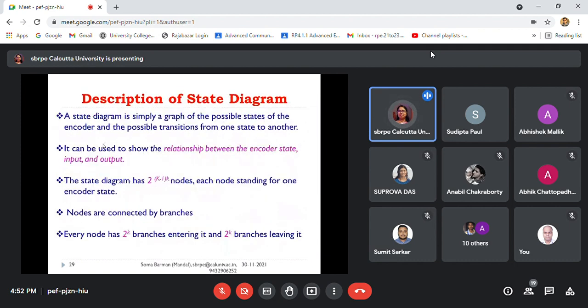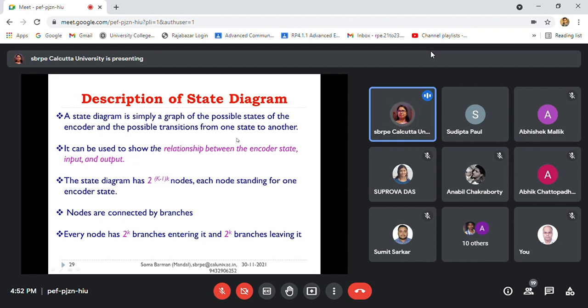So how you are defining this description is given here. That is the state diagram. What can you get from the state diagram? The state diagram is simply a graph of all possible states of the encoder and the possible transitions from one state to another. Clear? Why are we drawing the state diagram?